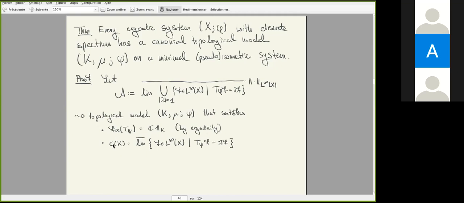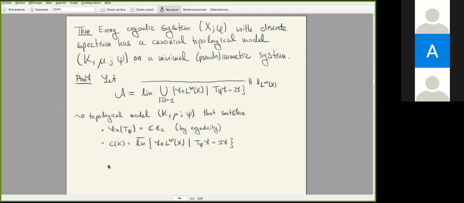And we also know that C of K is the closed linear span of the eigenfunctions. Sorry, this here should be C of K; I forgot to apply the isomorphism. This just comes from the definition of A, because A in the end is isomorphic to C of K, and the dynamics on A becomes the dynamics on C of K.